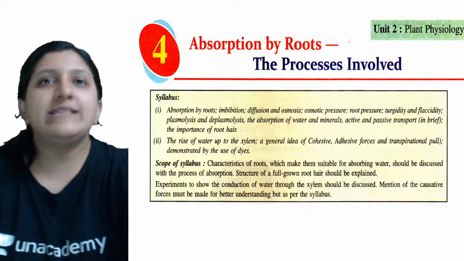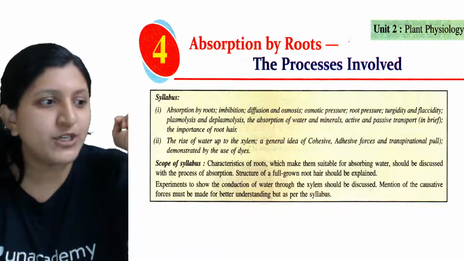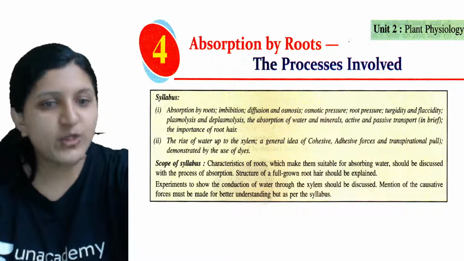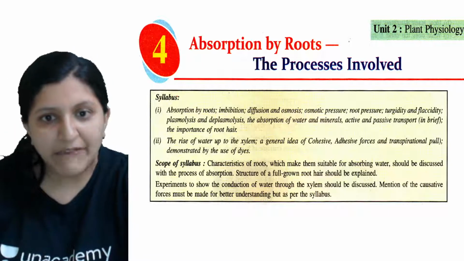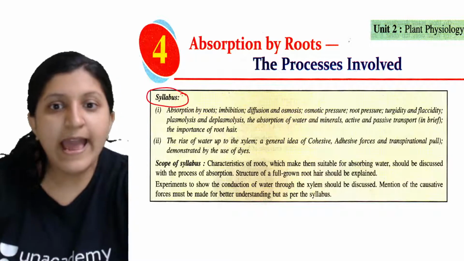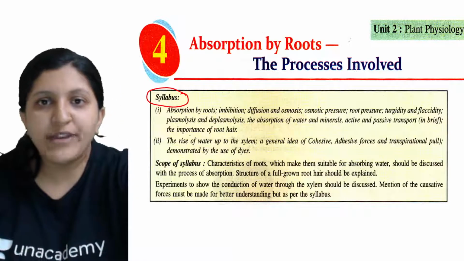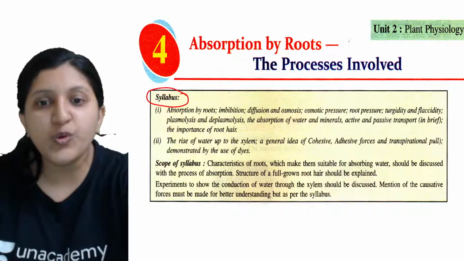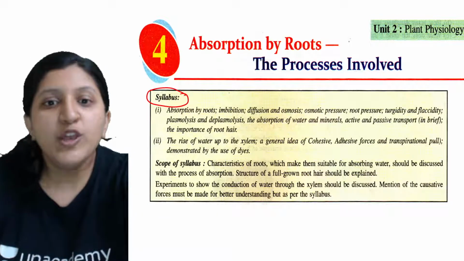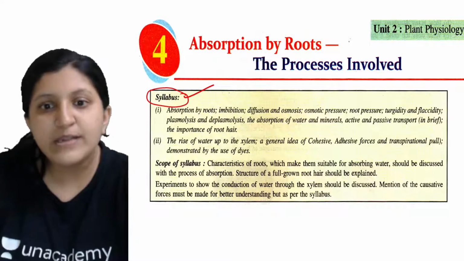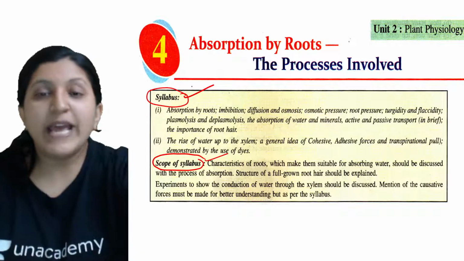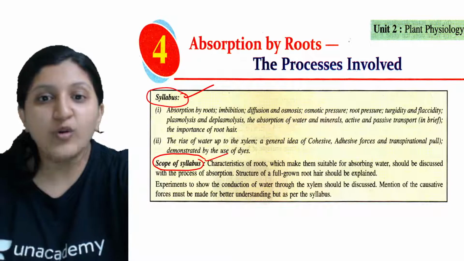So now let's say you are starting a new chapter to study. In that case, what you can do is first have a look at the syllabus, and this is important. Every time you open up a new chapter you are planning to study, you need to make sure that you are covering the points from the syllabus and the scope of the syllabus. Nothing comes from outside this box.